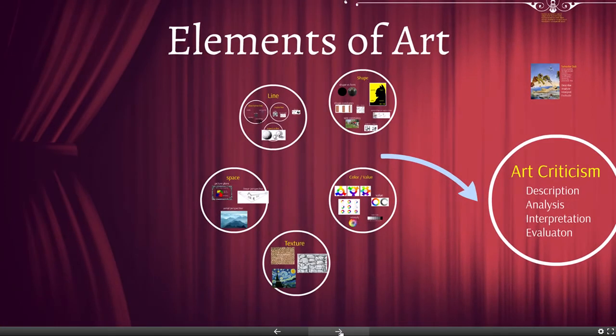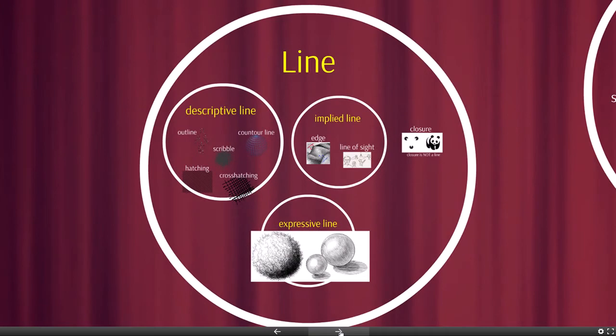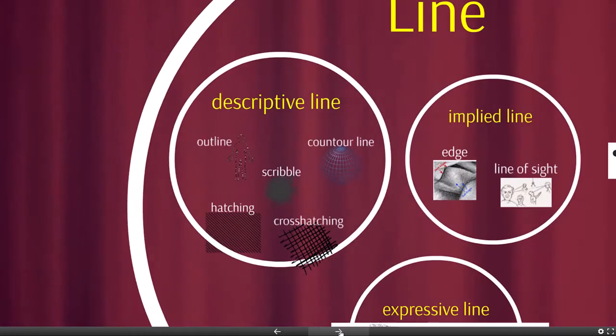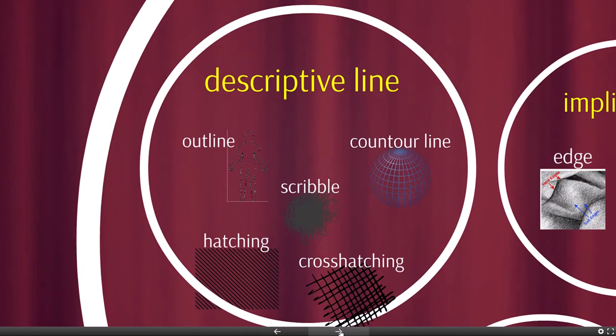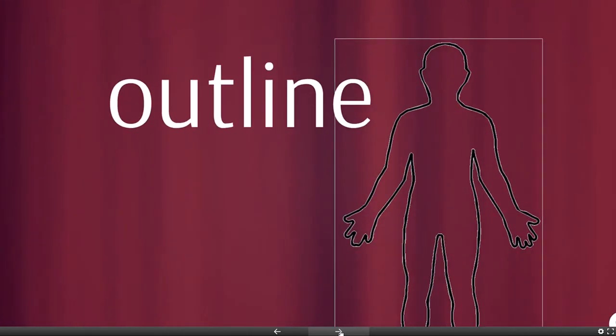Okay, artworks are made of elements of art. The elements of art are the basic building blocks of art. And we have line. We have three types of line. We have descriptive lines. Descriptive lines describe objects. The outline describes the outer edge of an object.